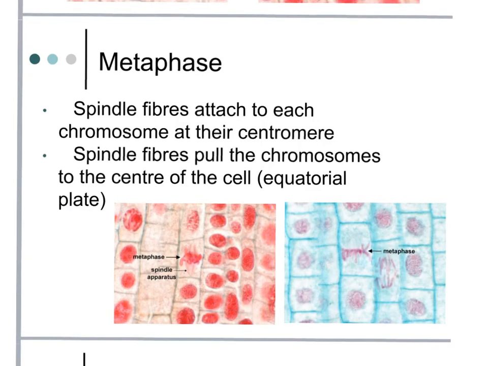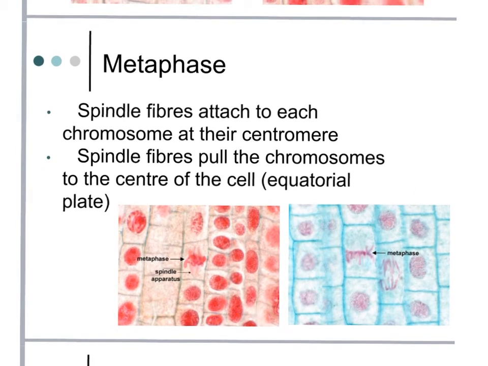Metaphase. Remember, the M is for middle. So the M is for middle, and if you look at our images, those condensed chromosomes are lined up in the middle of the cell. So that's what metaphase stands for. The chromosomes get to the middle because spindle fibers attach at their centromere.